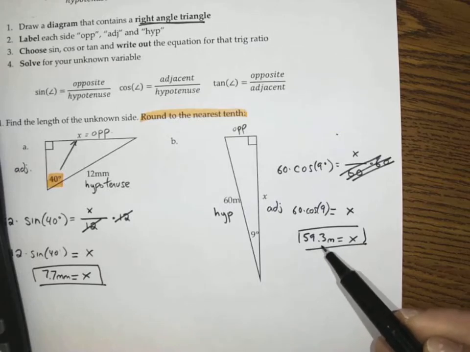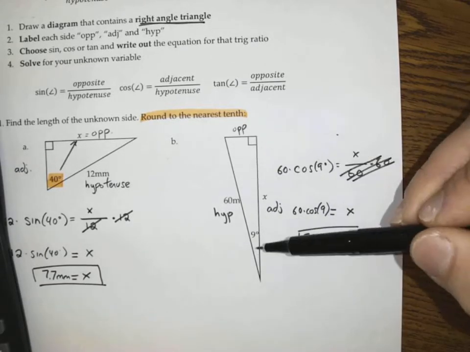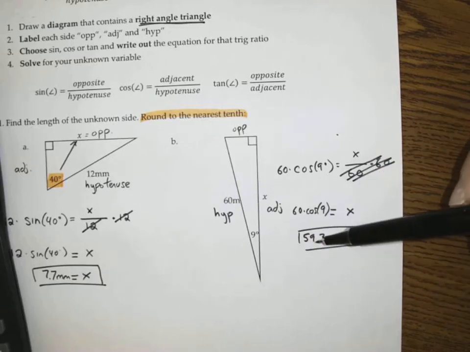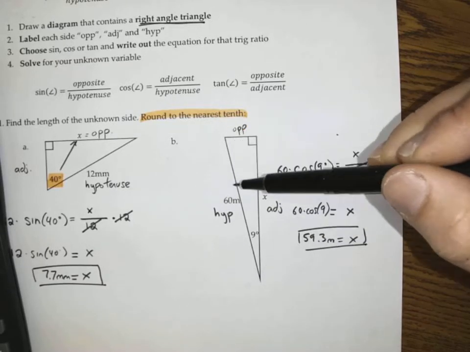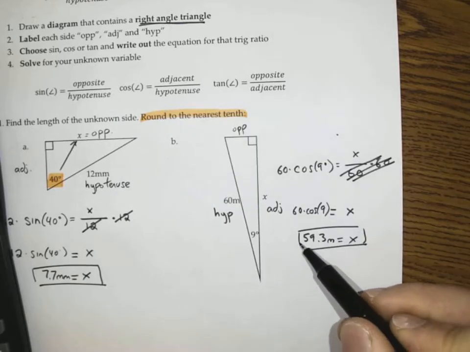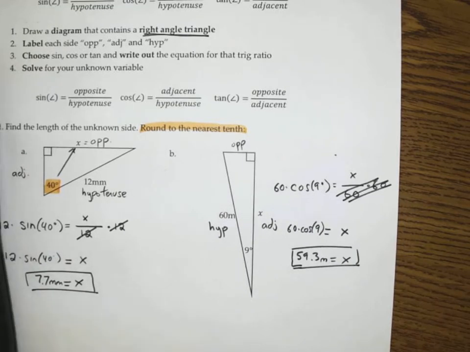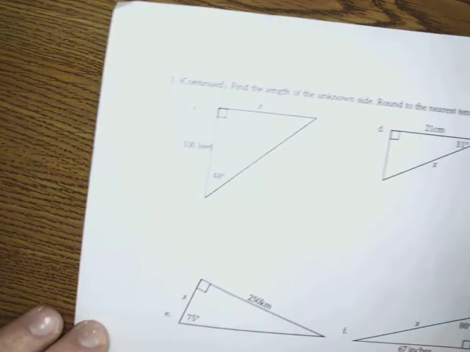Now I can always just take a second to check. Does that make sense? Well, it looks like it's around the same length as 60. It's in the same neighborhood. But I was expecting it to be smaller because the hypotenuse is always the longest side, so that's in the realm of possibility. I think it's worthwhile taking a second always to just check and make sure answers make sense before we move on. Okay, moving on.